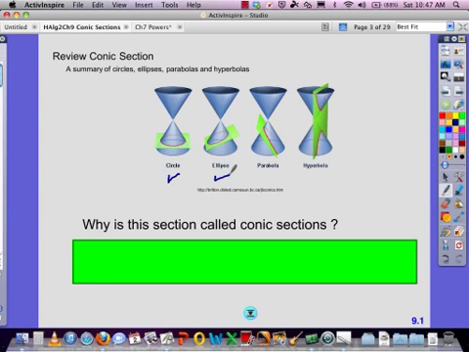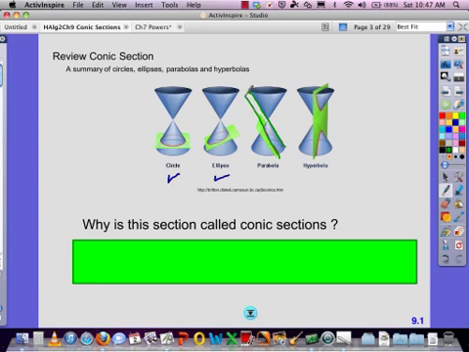Then take a look. If your double cone is intersected with a plane that is on the same angle, so notice as you look at your work here, here is what we're talking about, the angle of those cones. So your plane is intersecting on that same angle.